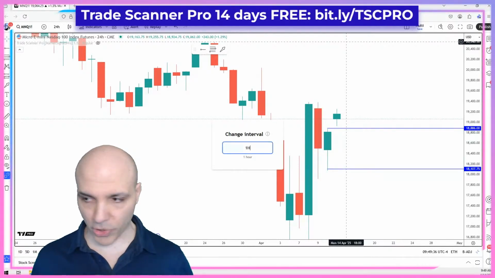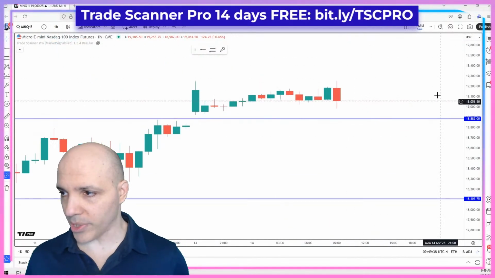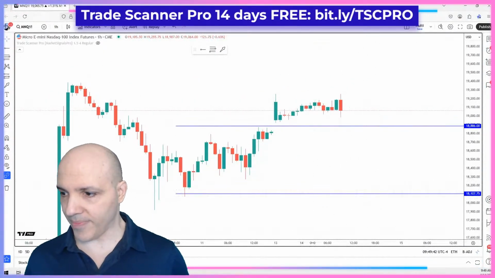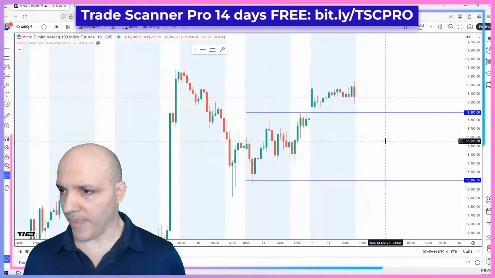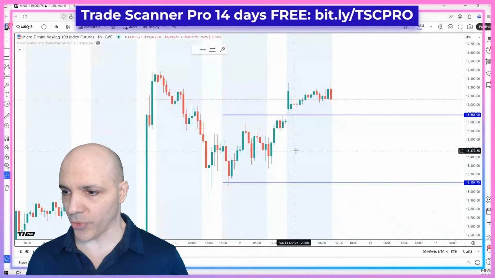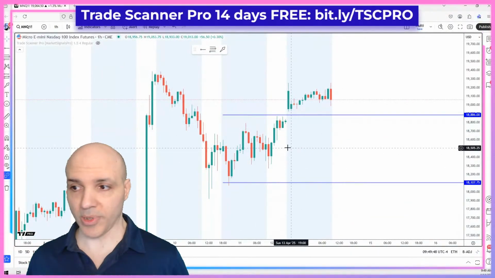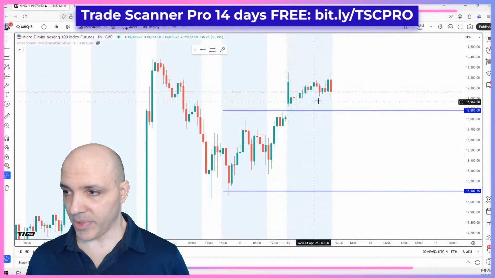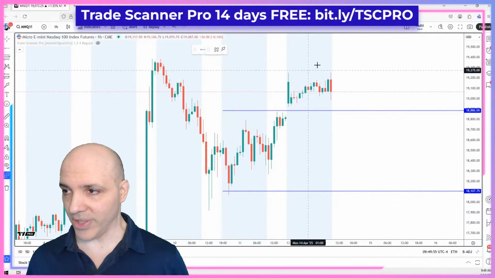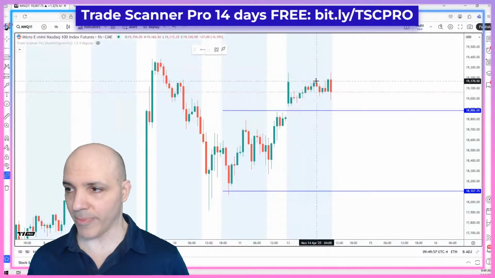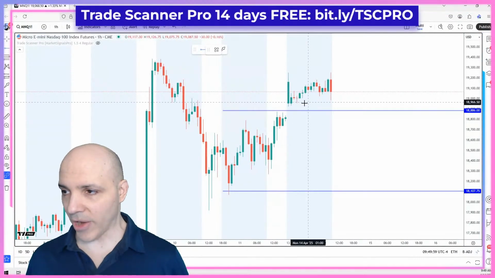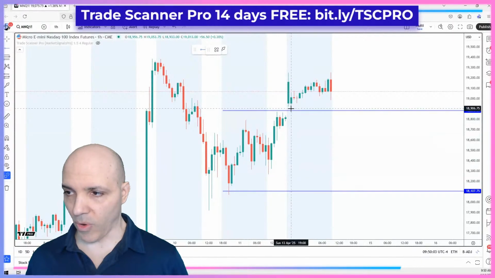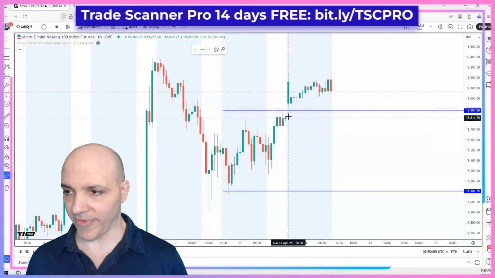Let's go to the hourly chart, because the hourly chart is going to give me some more context here. All right. As you can see here, those lines that I drew were the previous day's low and high. Here's the overnight price action that we have in this blue area. The lows of that area are almost touching the highs of Friday.